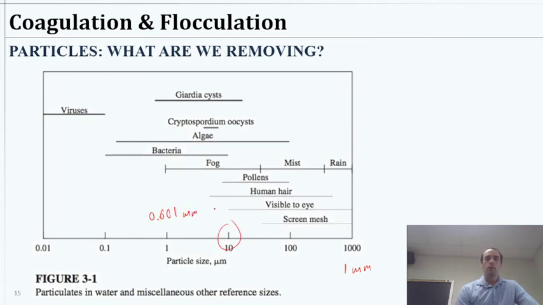So this was the particle range that we were talking about. And so if we look up here, we can see different other particles in that range. And there's a variety of these charts. And if they had a soil particle size, silt would be in this range, right? That would be clay particles.